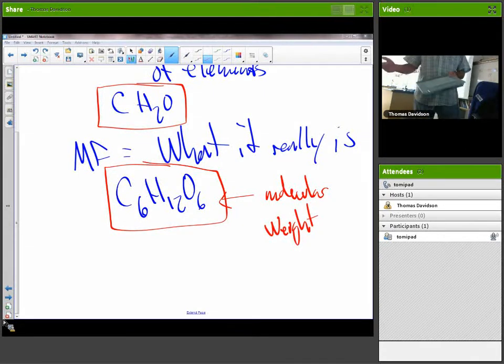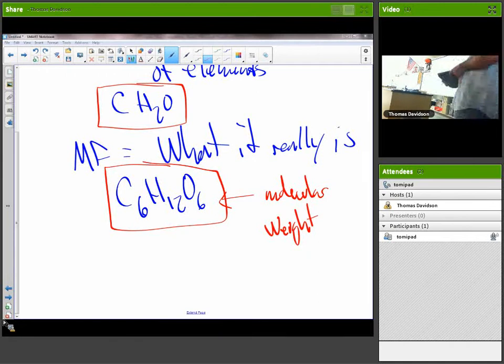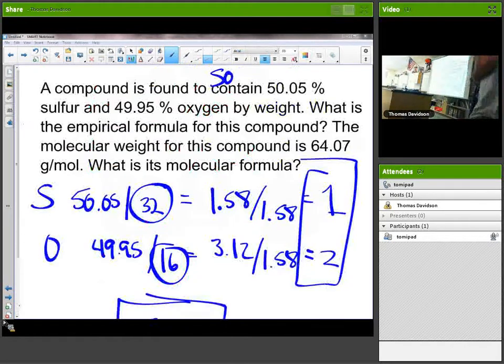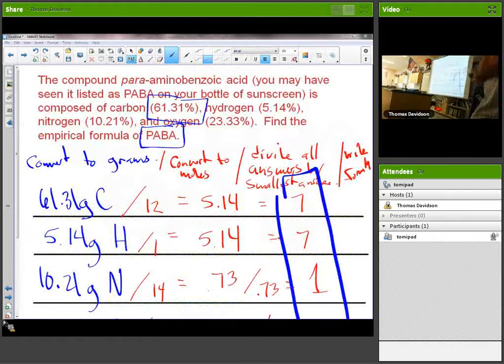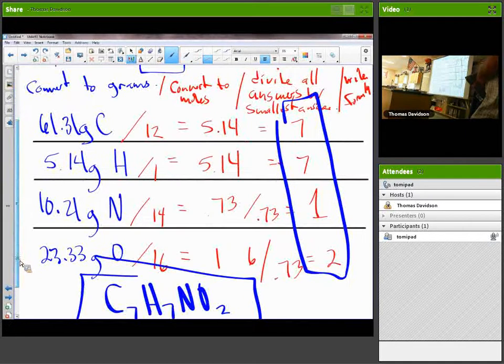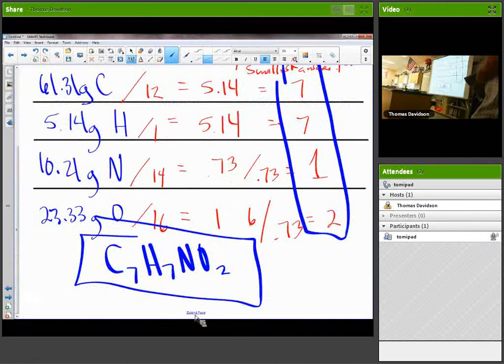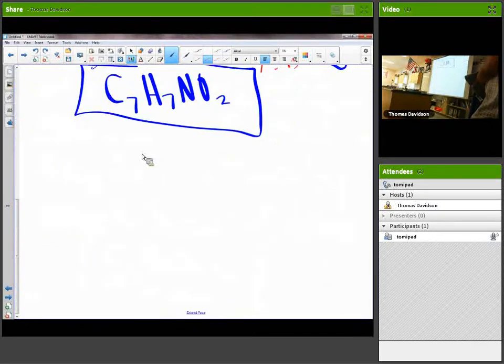It's a different process. All right, well, let's just go back to one we've already done that was pretty simple. So, let's say we had PABA. We got to do some math here. So I'm going to add up this molar mass here. So what we got? 84, right?